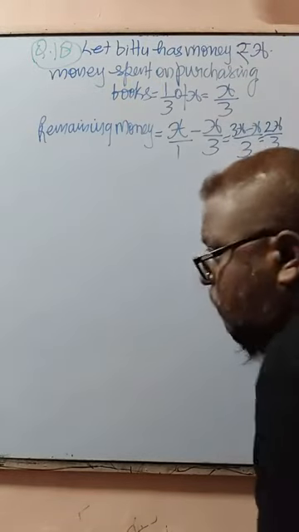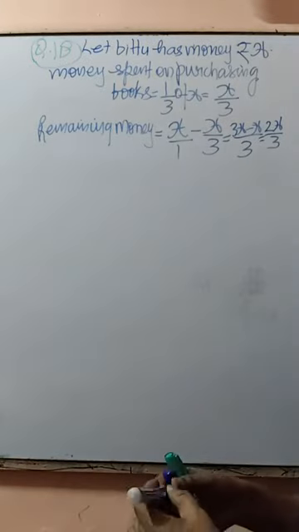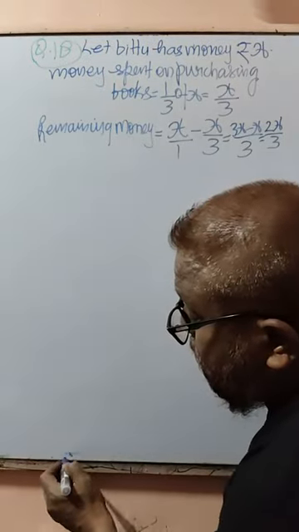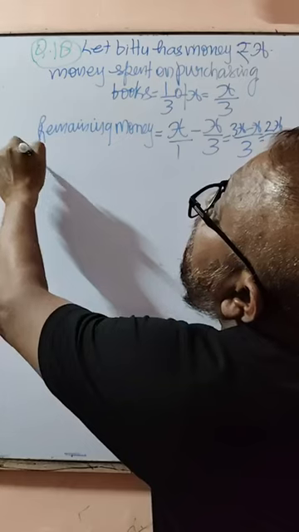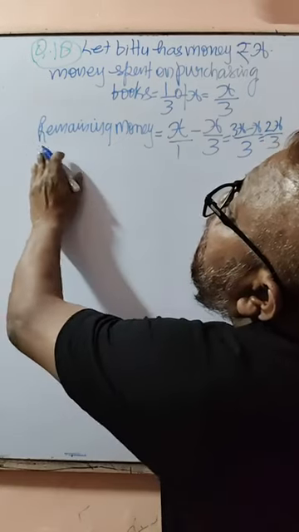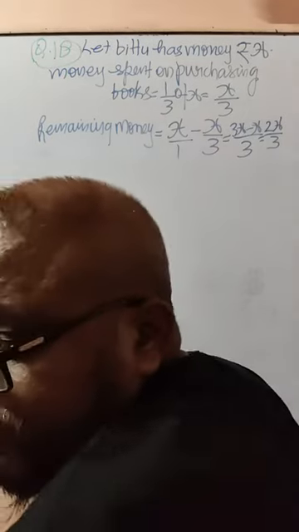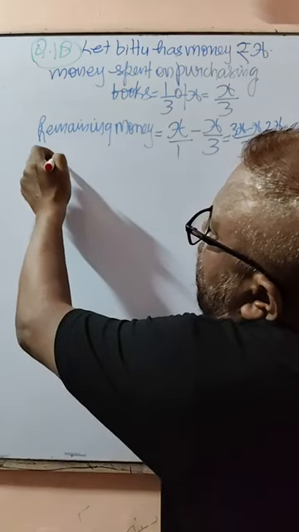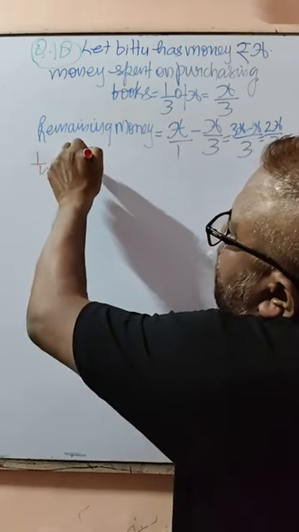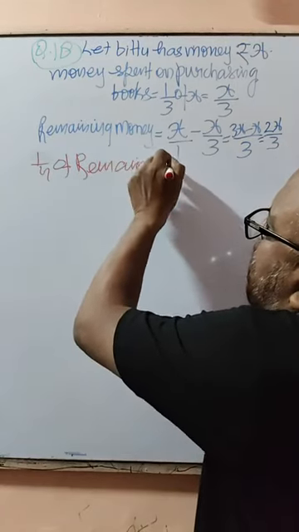Now, on the books, 1/4 of the remaining money is spent on food.